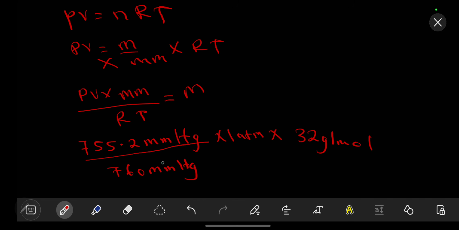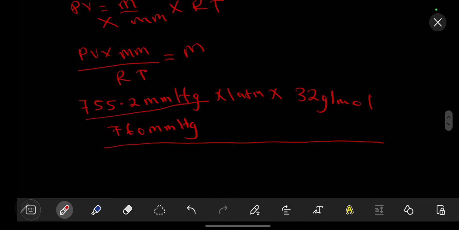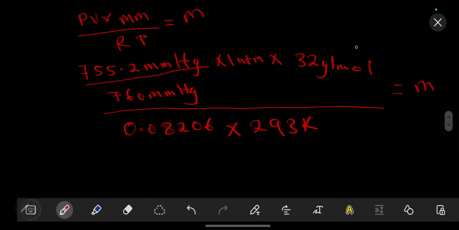Then over this, we are going to have our R value, which is 0.08206, then times our temperature, which is given as 293 kelvins. This should be equal to our mass. When we do our calculation, on top we are going to have 31.7978.